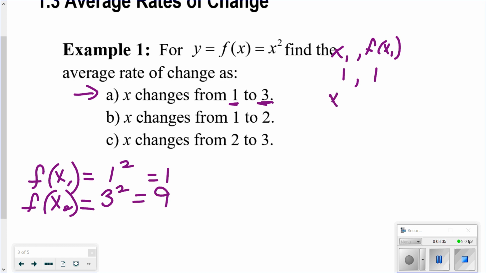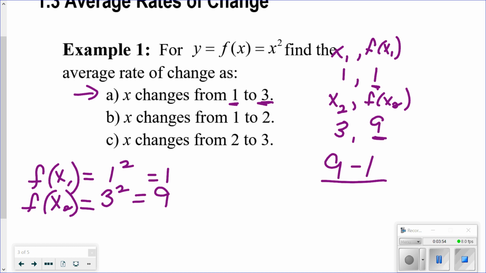So x2 and f of x2 are going to be 3 and 9. And if I use my formula, we can see that 9 minus 1, that's my rise, my y values, over, now I'm going to use my x values, 3 minus 1.